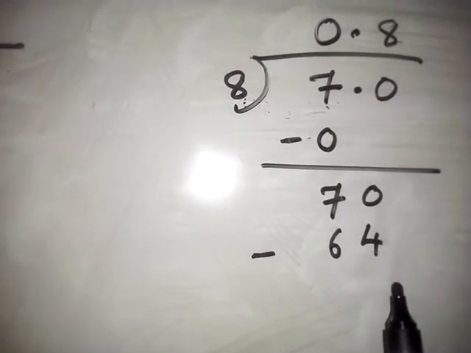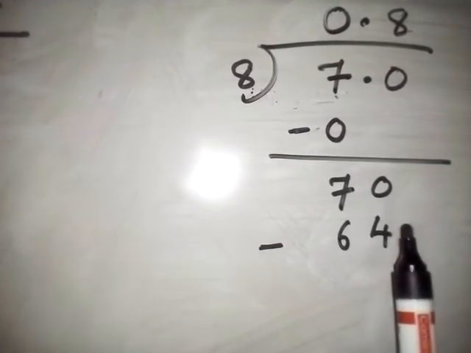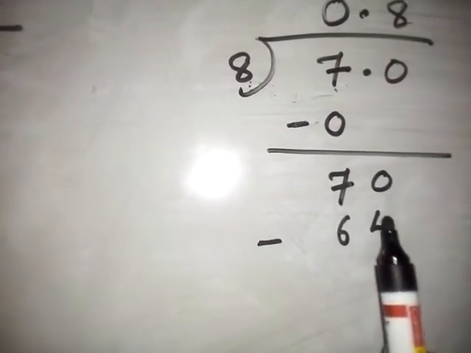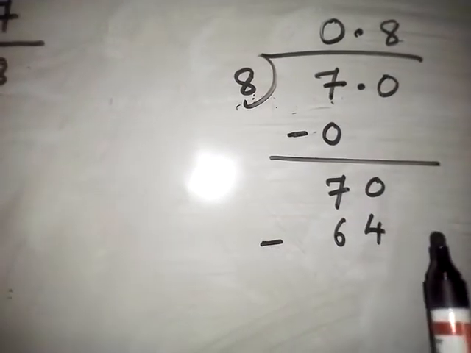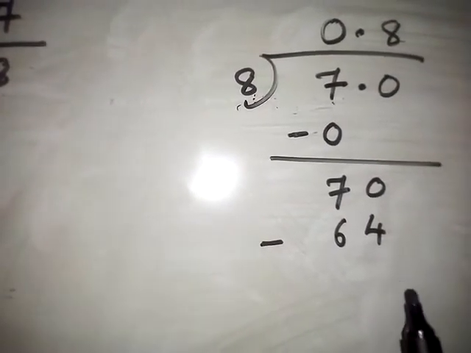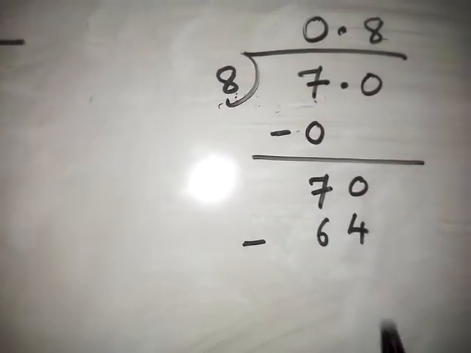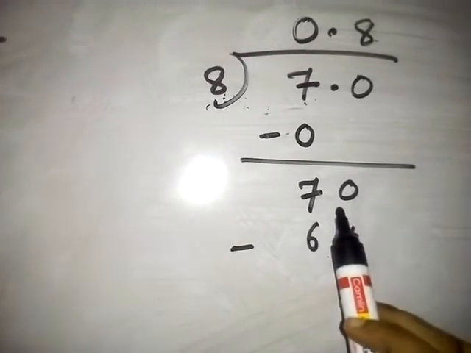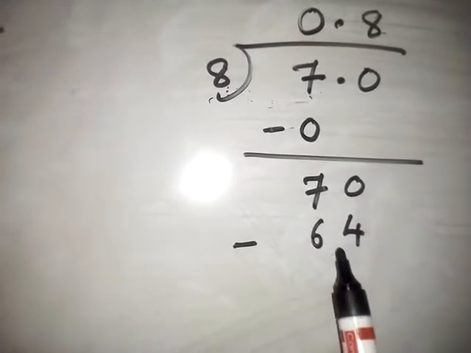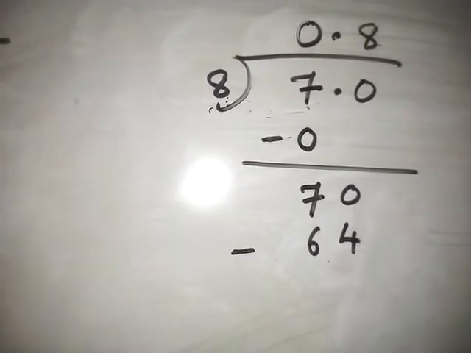In division, if the number is not going in the 8 table, the last smaller number which comes in the table, that number you have to take. 8 9s are 72, 72 is greater than 70, so 8 8s are 64. This is the last smaller number.